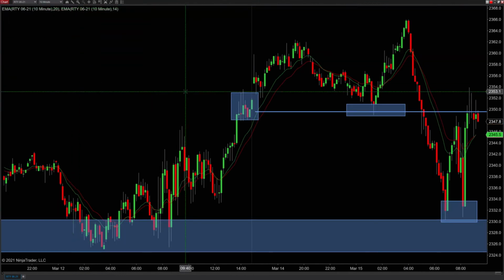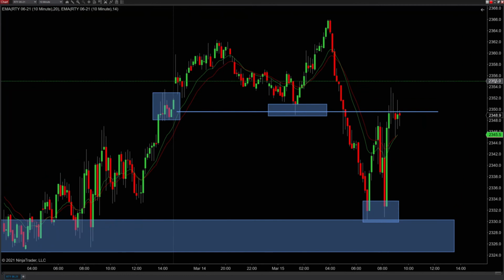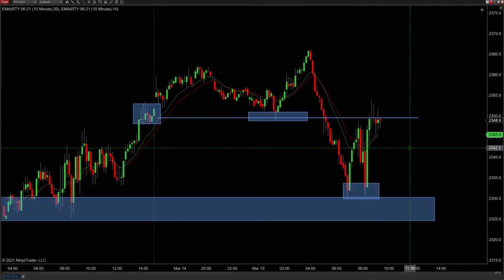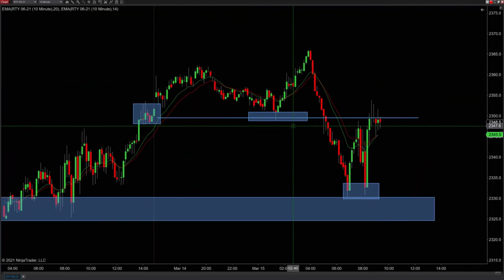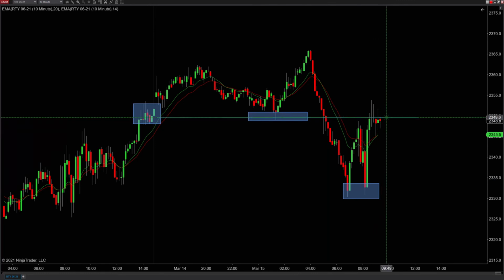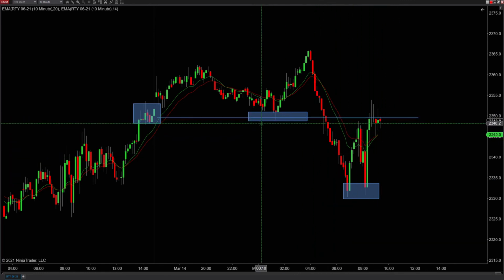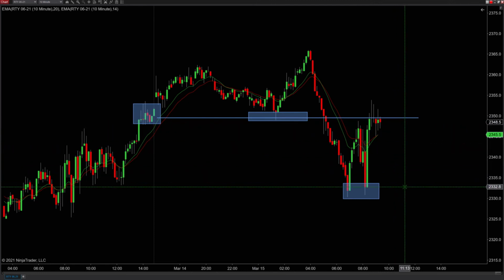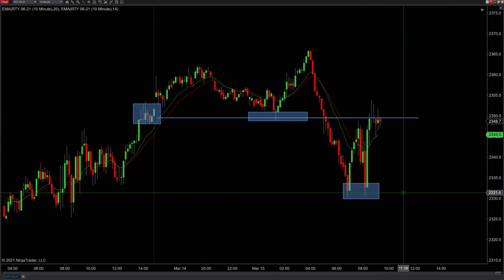that caused me to believe that there was a chance that action could then stop here at this resistance level and come back down and test this area.